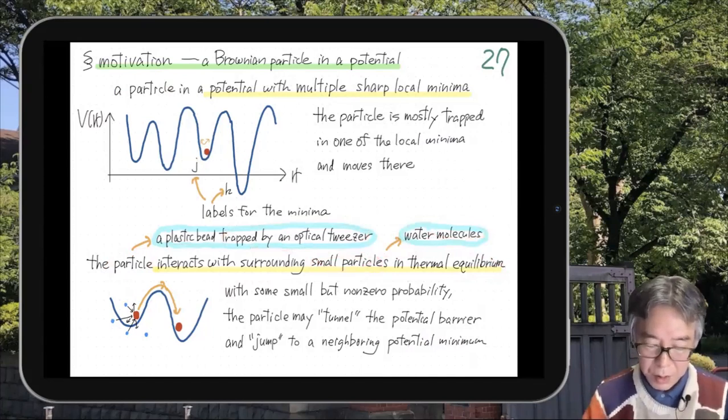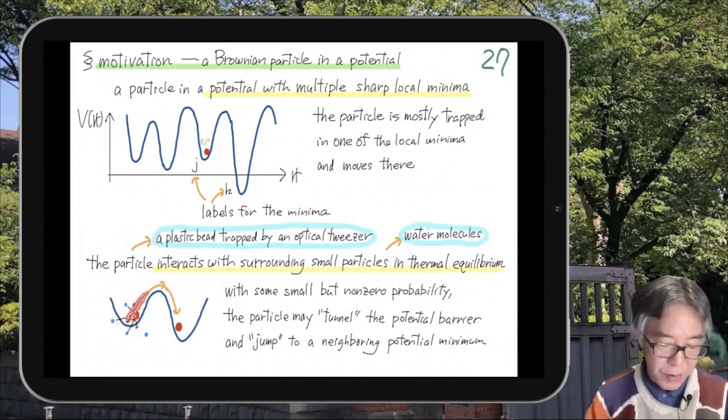of surrounding water. Okay. And as I said, this plastic bead is trapped by a potential, but there are many water molecules and they hit this small particle. Sometimes it gets sufficient energy to climb up this potential wall and move to a different minimum like this.